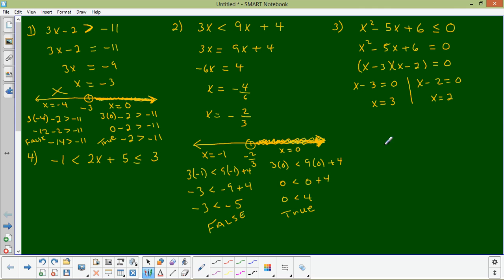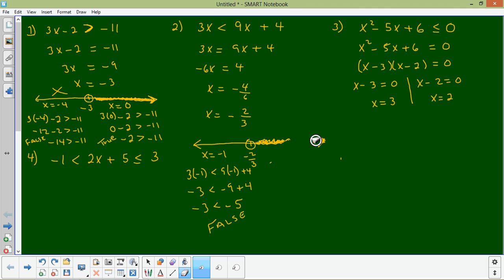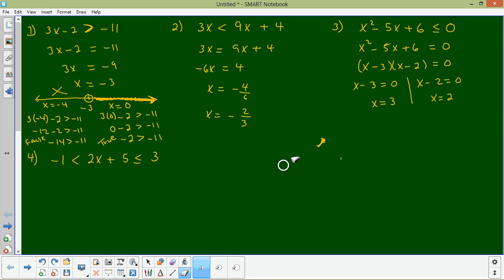And so there's your solution. All right? Now, the next one has a little pitfall in it that I want to demonstrate for you. So take a look at the solution there for number 3. And you should find everything there, I think, to your liking. Right? It's a quadratic equation. So we factor it and set our factors equal to 0 and get x equals 3 and x equals 2.